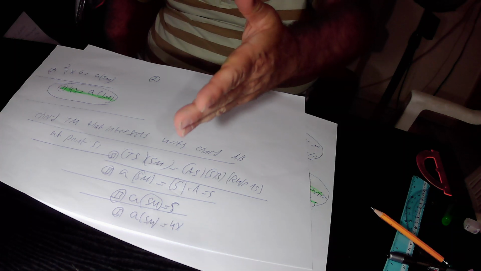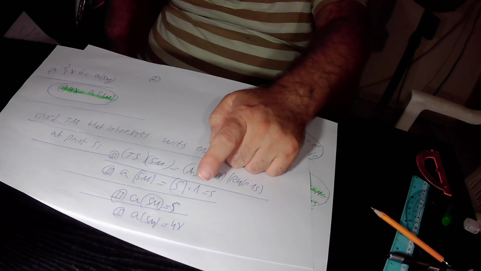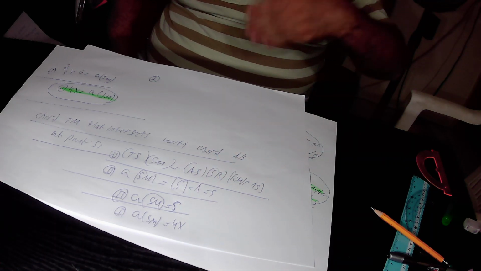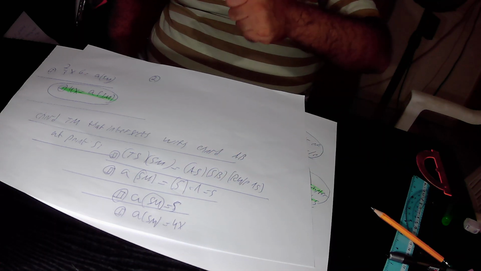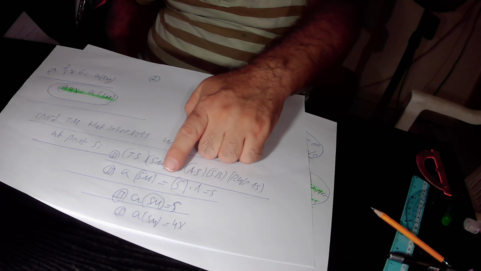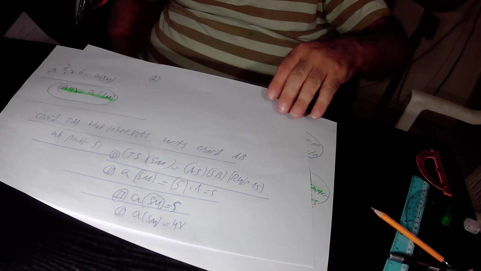This is according to equation 2, while according to equation 1, we already found out that A times SM equals 4x. In the next step, we created equation 3 that says that A times SM according to equation 1 must be equal to A times SM according to equation 2.